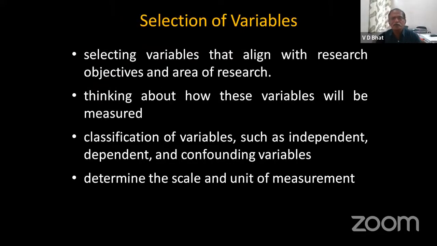Selection of variables is another. What variables to select? There are certain variables which are normally repeated in certain disciplines. They are easy to study. But when I'm taking a new variable, say for example, happiness of teachers and the nature of school environment, I want to study these two.